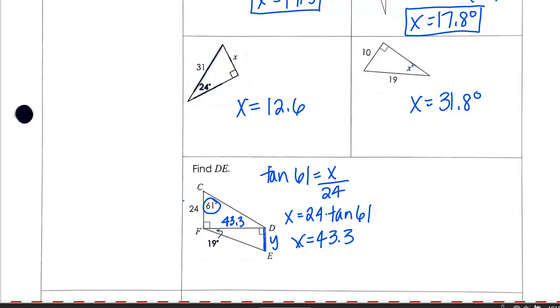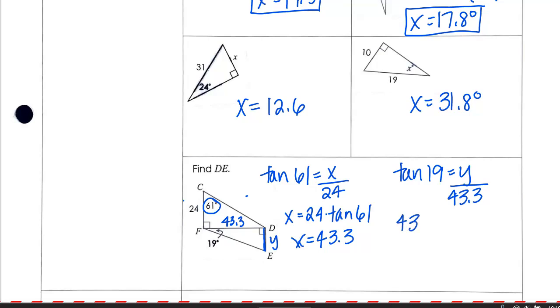So now let's find DE. We have two pieces of information that will allow us to find that y. So you'll see that y is opposite our angle of 19 degrees, and 43.3 is adjacent to it, which means we're going to use tangent again. So tangent of 19 degrees is equal to the side opposite, which is, in our case, y, over the side adjacent, which is 43.3.